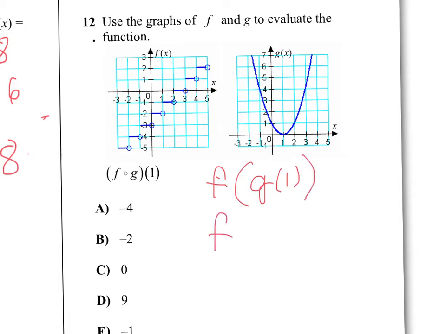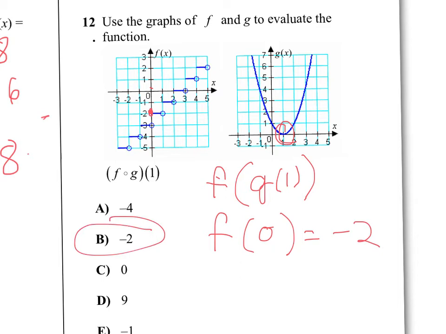What's g of 1? I come to 1. Look, g of 1 is 0. So that's like saying f of 0. 0 for f is actually negative 2. So my answer is negative 2.